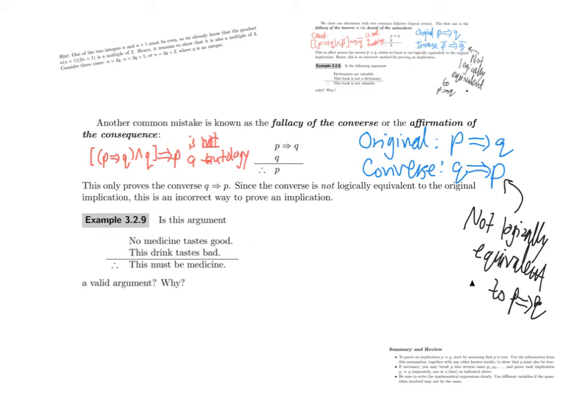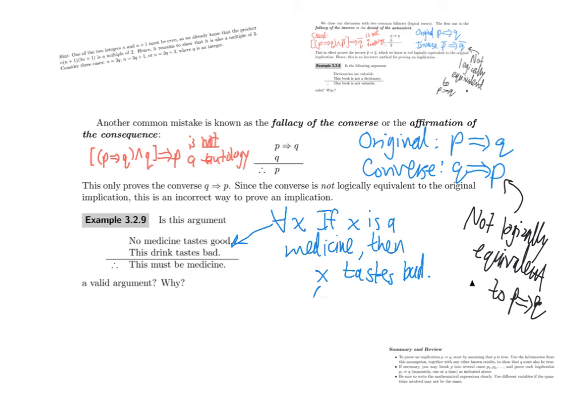So I think a better way to translate no medicine tastes good is to say for all x, if x is a medicine, then x tastes bad. Tastes bad is the same as saying doesn't taste good. Now, to translate the statement, this drink tastes bad, I could just translate that as x tastes bad.